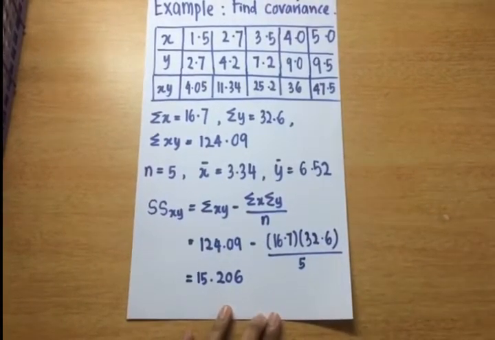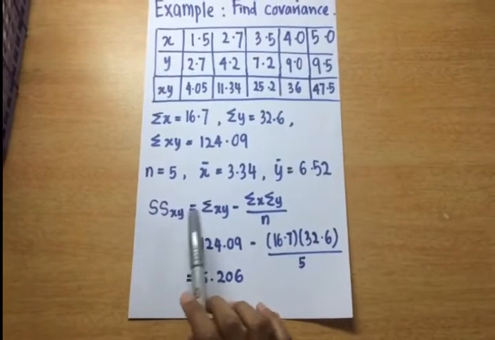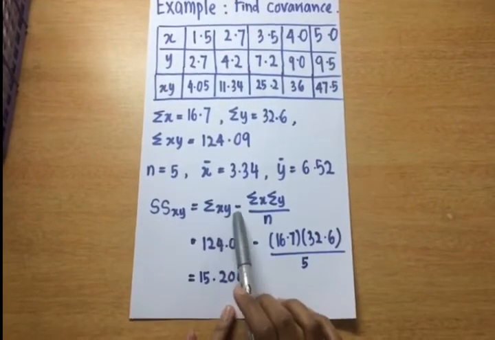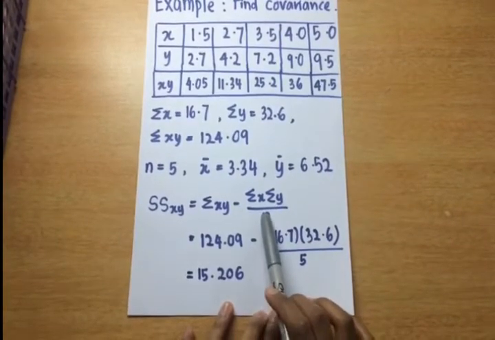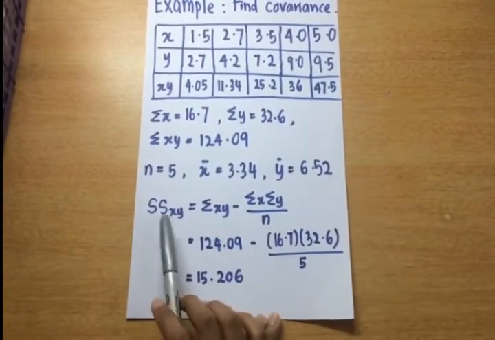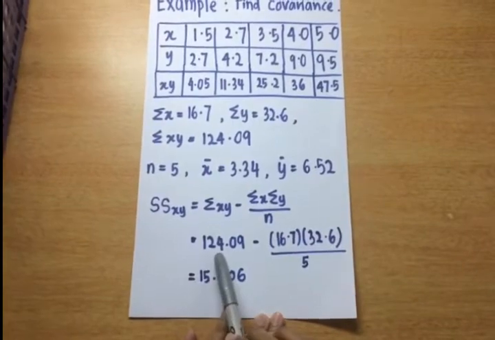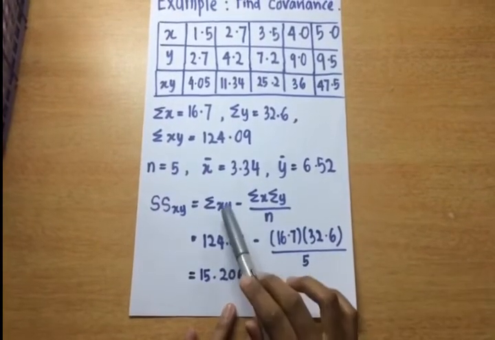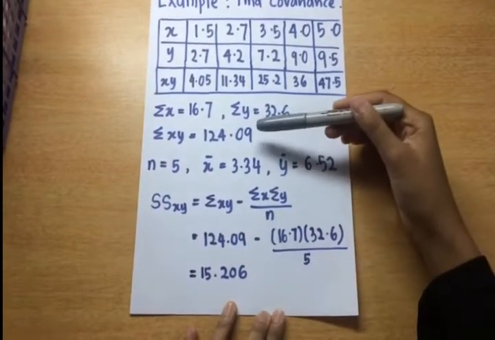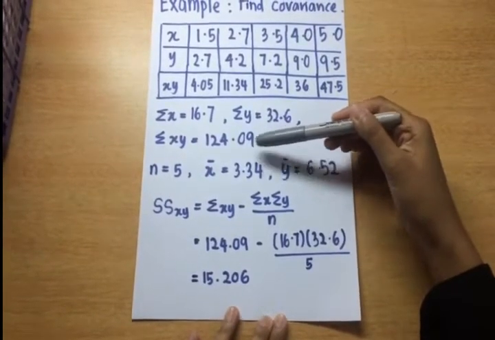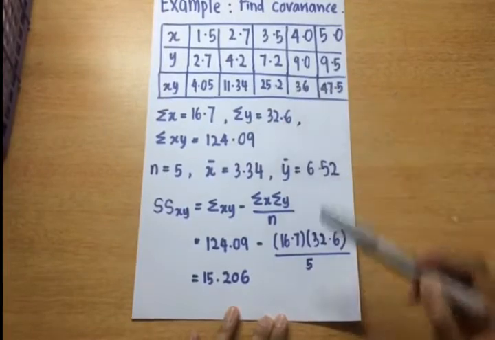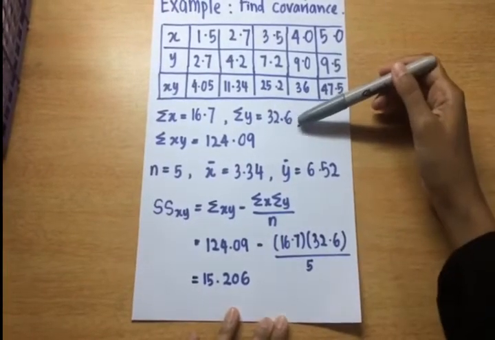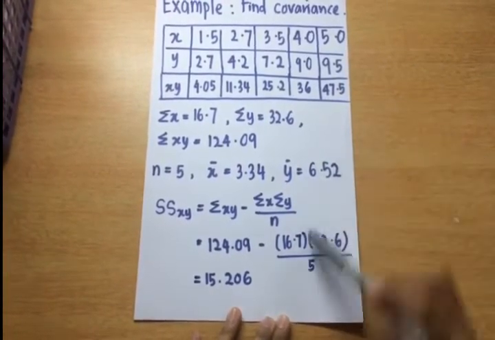By using the formula SSXY is equal to summation of xy minus summation of x times summation of y over n, we can get the SSXY. So here we put in the data: summation of xy, which is 124.09, minus summation of x, 16.7, times summation of y, 32.6, over 5.